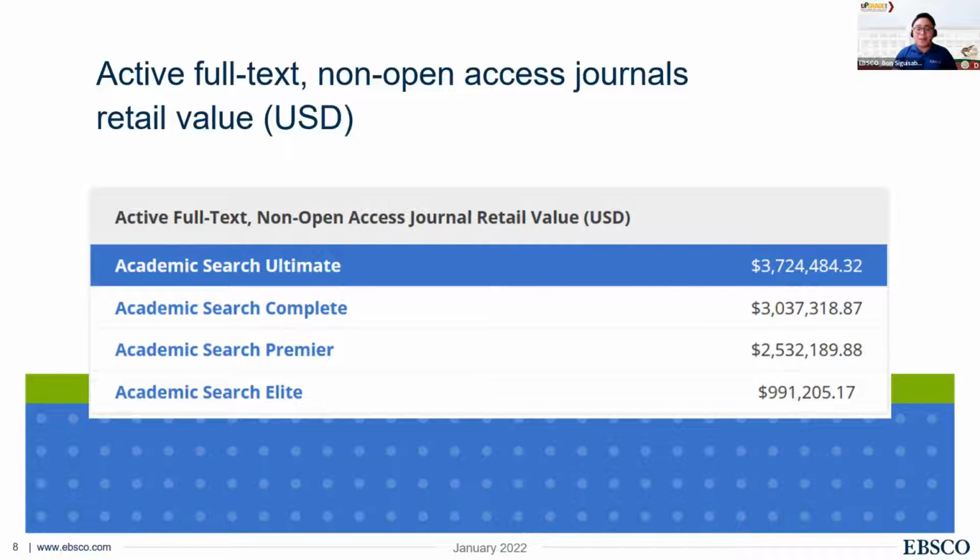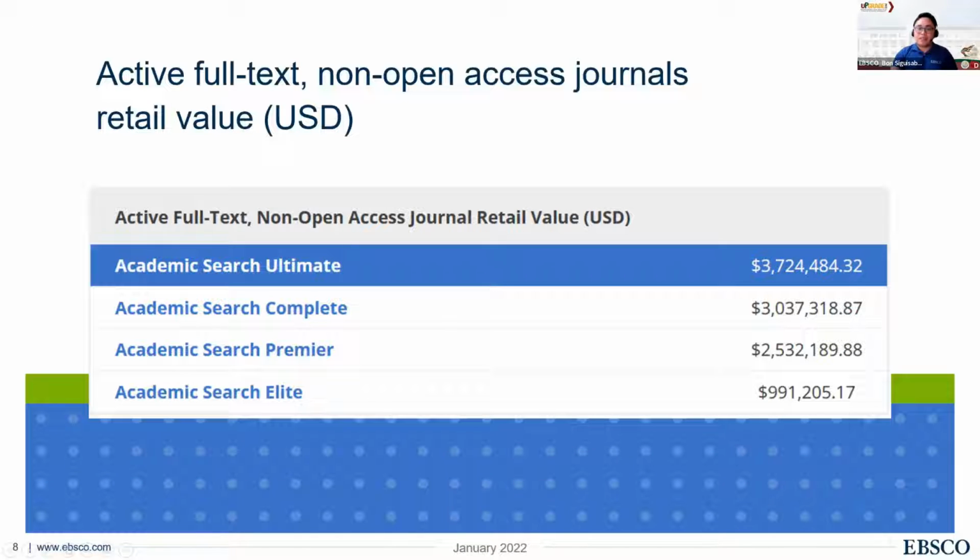And take note, po ha, because this is an aggregated database, you're only paying, of course, a little fraction of the total cost of the entire subscription. So that's the value of the journals that you are accessing right now, po, with Academic Search Ultimate.